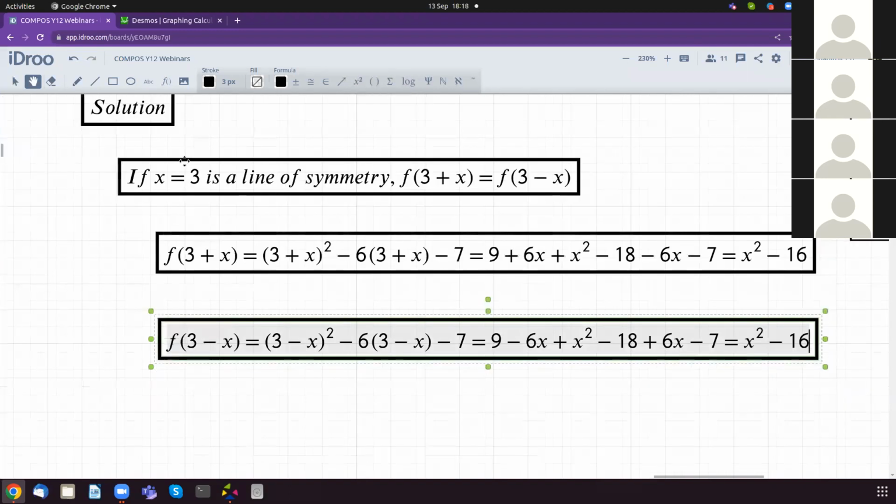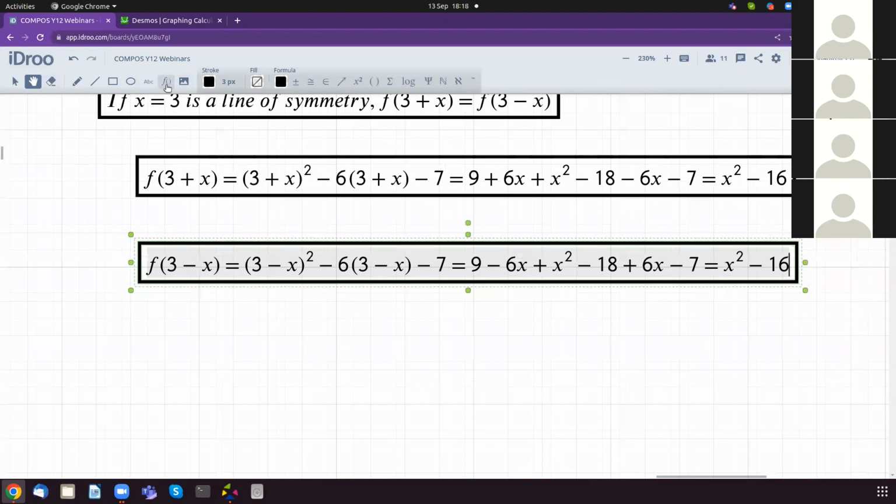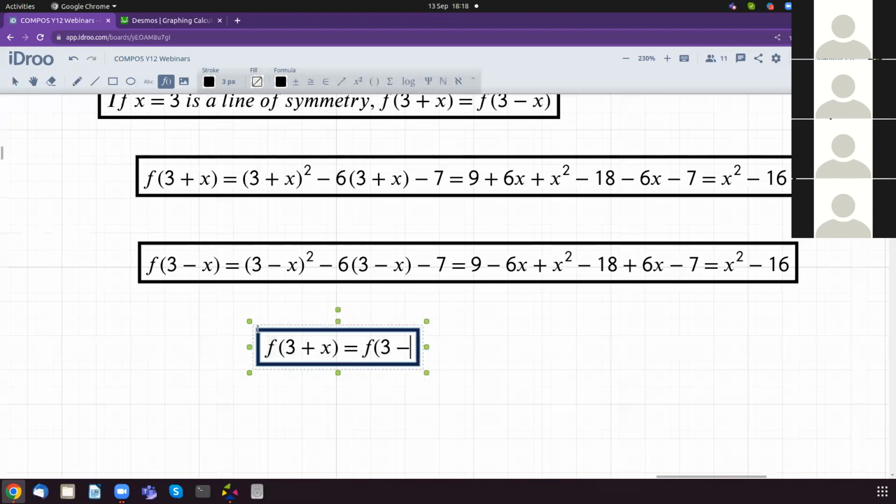So they are identical. So f of 3 plus x: if from 3 you make a step to the right, it's the same as if from 3 you make a step to the left, 3 minus x.